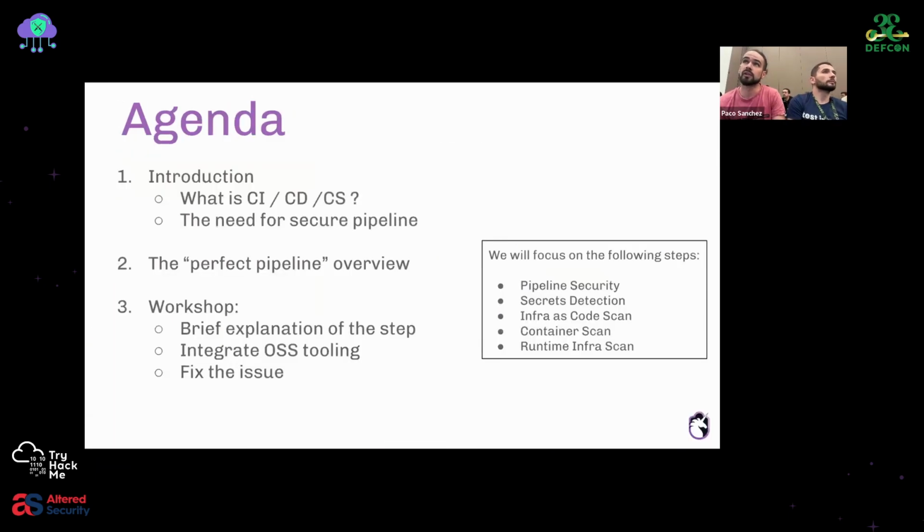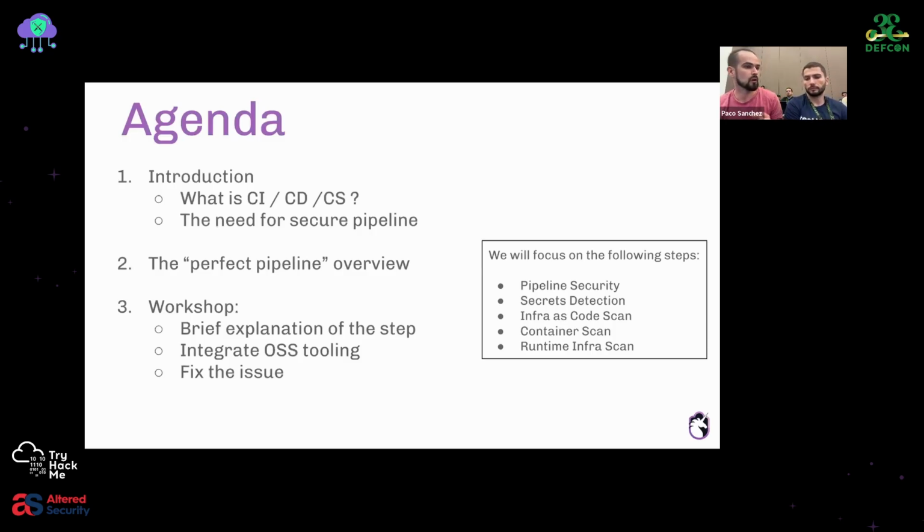Okay, what we are going to see today. First, a brief introduction, because I don't know if everyone is familiar with all the pipeline slang. Why do we need security in our pipelines? Not only security of the pipeline, but in the pipeline for other steps. How we build our perfect pipeline.